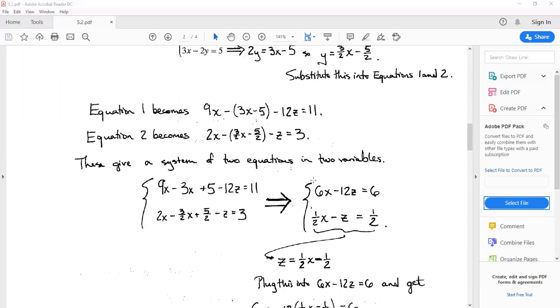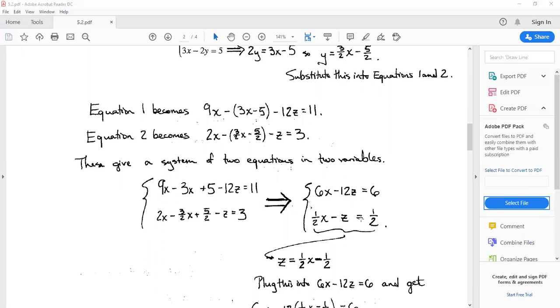And so the first equation becomes 9x minus 3x plus 5 minus 12z equals 11, which simplifies to 6x minus 12z equals 6. And the second equation becomes 2x minus 3/2 x plus 5/2 minus z equals 3. And that one simplifies to 1/2 x minus z equals 1/2.